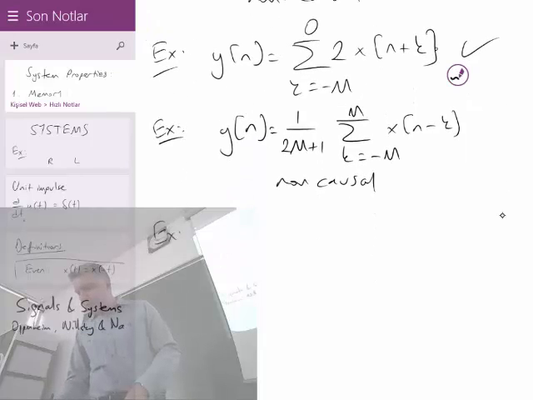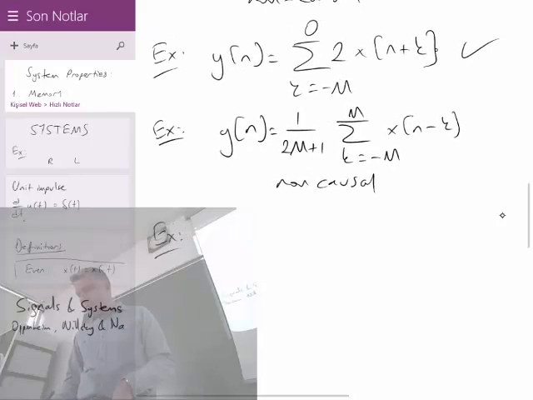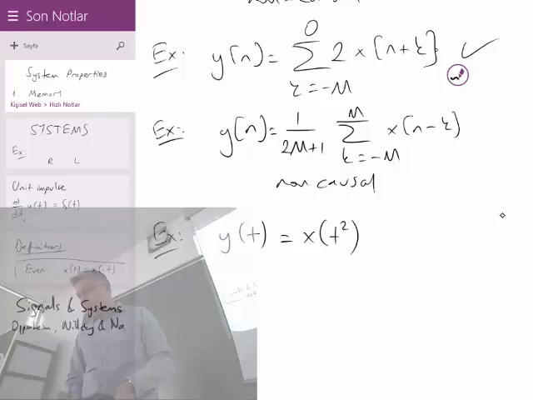Now the next question, I'm not going to give you the answer, and I want you to think about it. y of t is equal to x of t squared. Okay, is it causal?